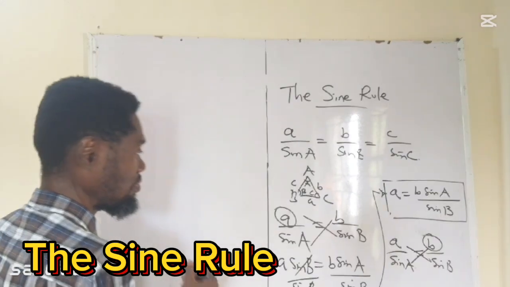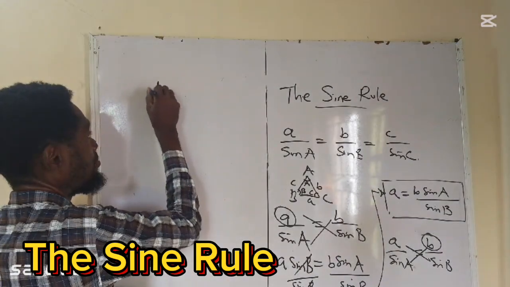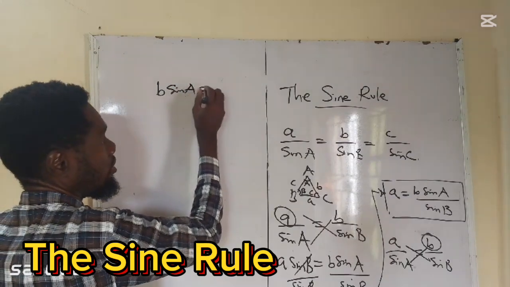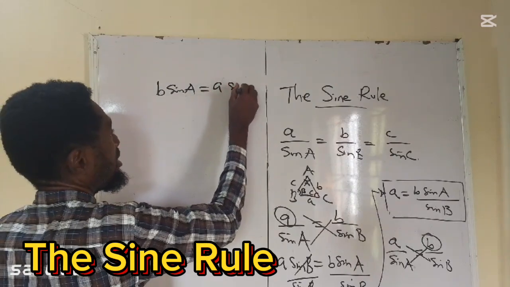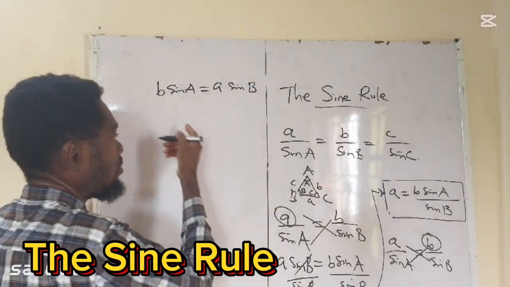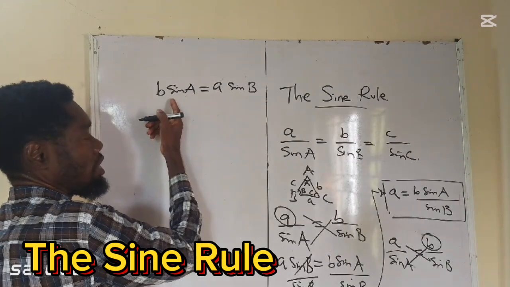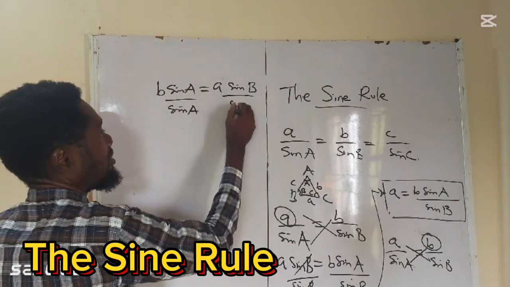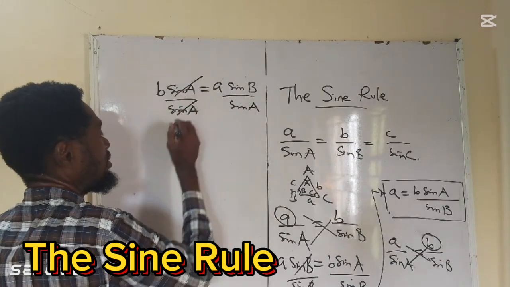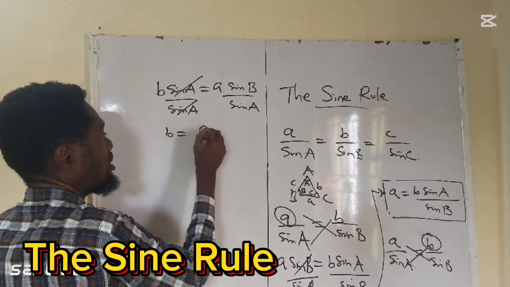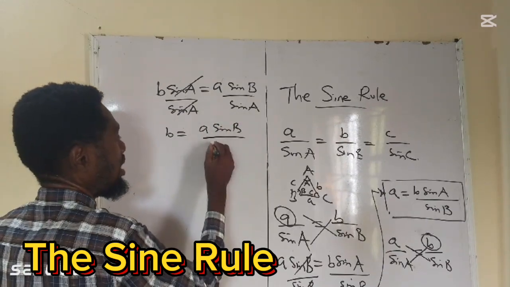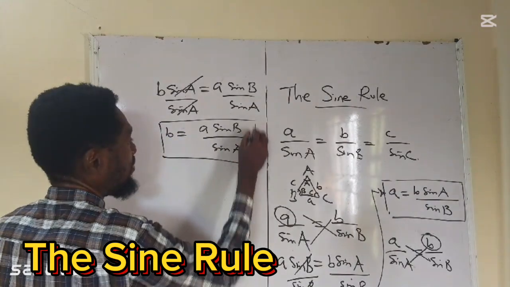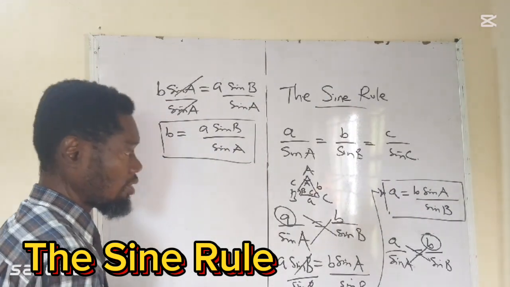So we have b times sine A equal to a sine B. To find b, you divide both sides by sine A, and this cancels. You have b equal to a sine B over sine A. This is the formula used when you're asked to find b.